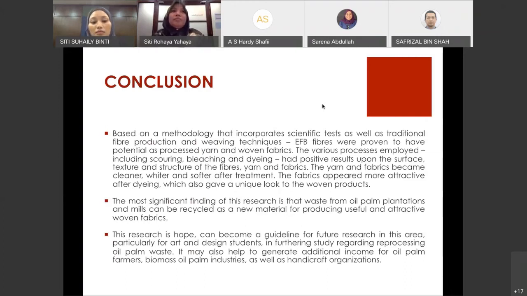Actually, I can say that the main issue is these fibers have never been explored by our scholars, researchers, and also industry. The first person I can say is me. I'm doing this research for more than 10 years.